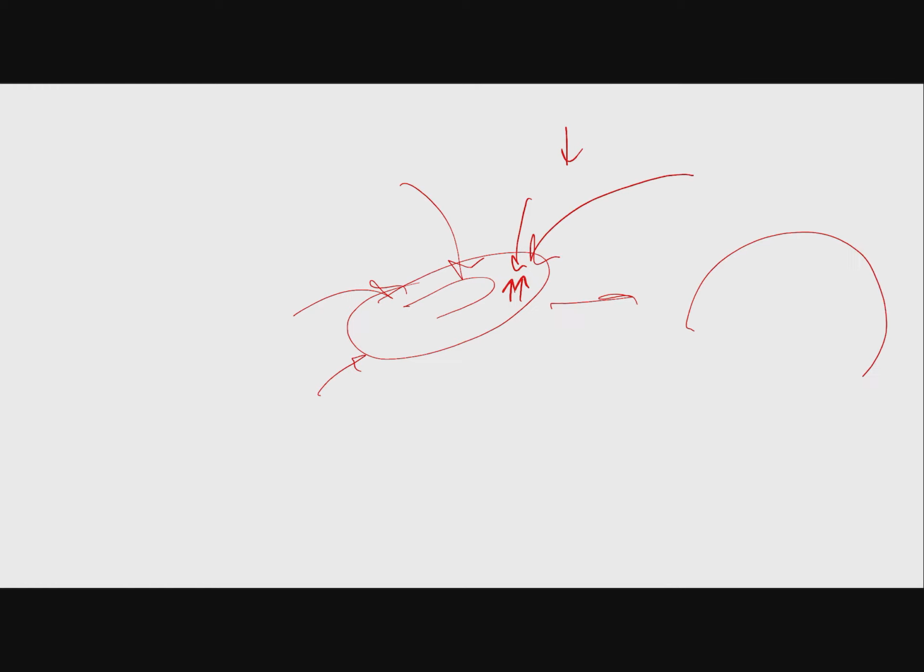Let's say we have red blood cells. Our red blood cells are these little donut-shaped, concave cells. If the solution inside is much more concentrated than the outside solution that the cell is in, then water is going to start to flow inside the cell, leading to a swollen cell that may burst.